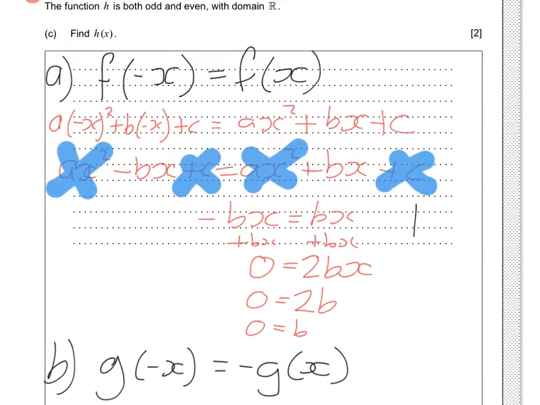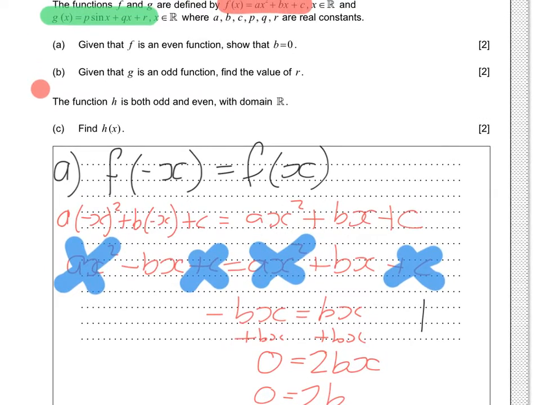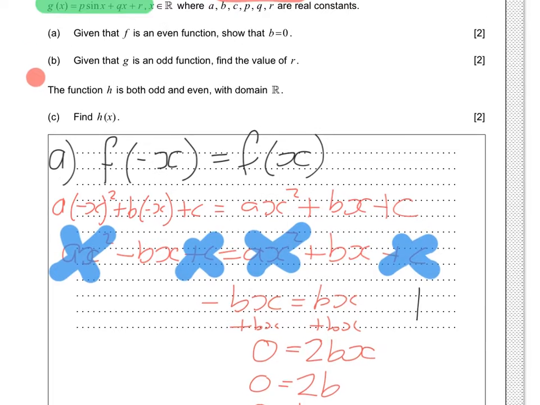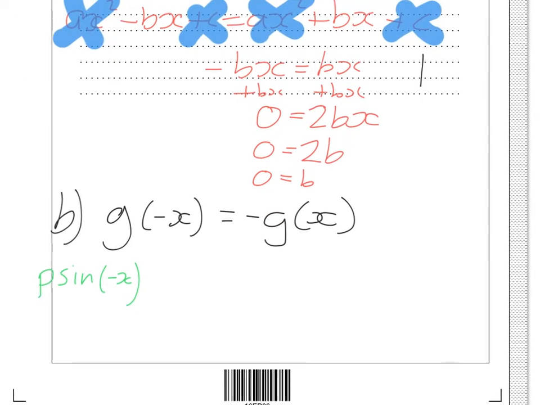So let's just copy that function out. P sine x. So we've got, on the left hand side, P sine negative x plus q times negative x plus r. And on the right hand side, it's just minus all of that.